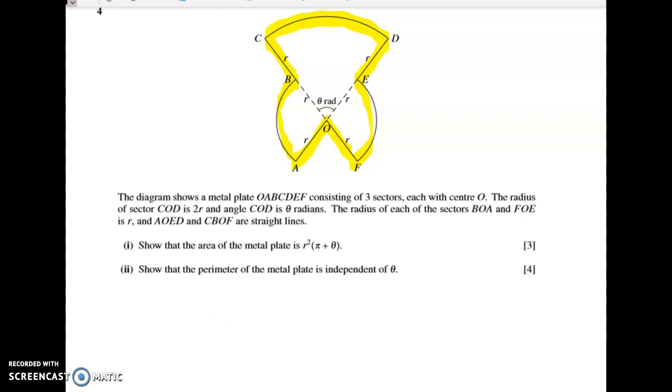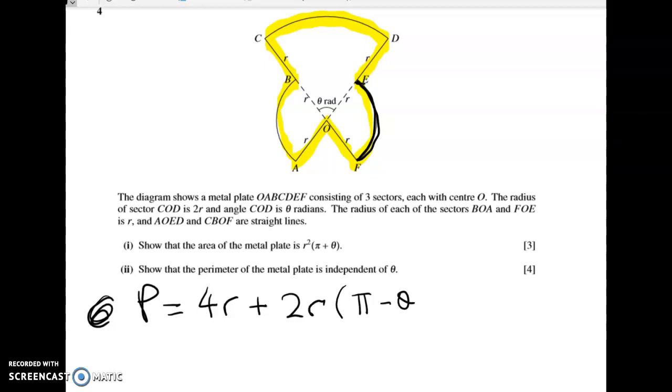So we've got C, actually we'll make it P for perimeter. So it's equal to the 4 straight line bits, so 4r, plus 2 lots of these little arc lengths. So this has got a radius of r, but the angle is pi minus theta.